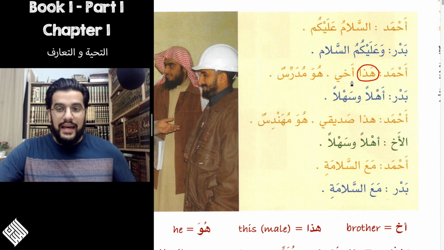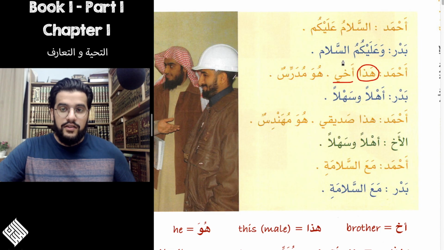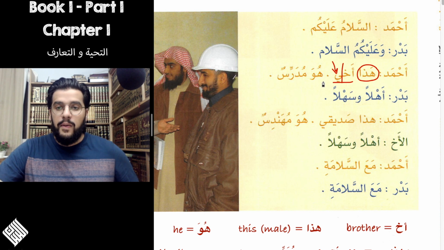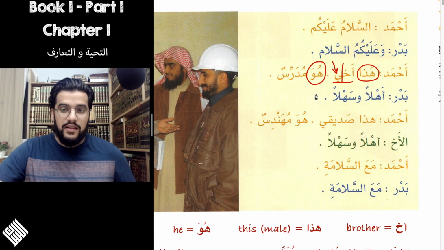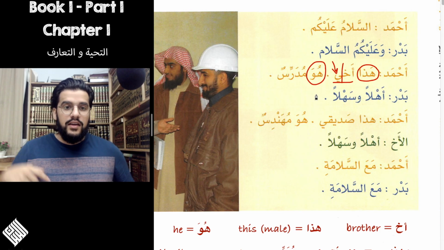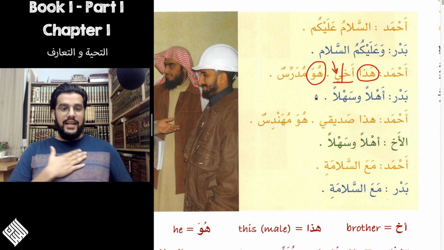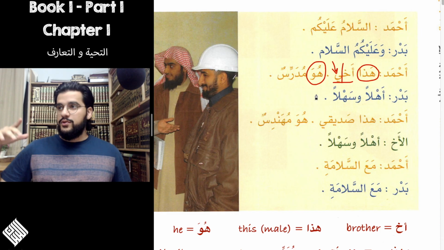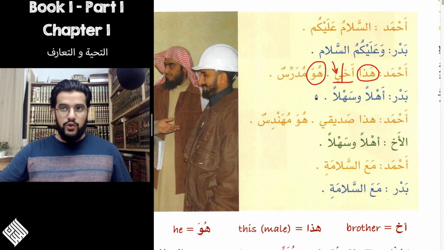هذا أخي. The word أخي, of course, means my brother. Just the word أخ is brother, and the ya is the pronoun my, أخي. هو مدرس. هو is the pronoun he, right? In the previous video, we learnt أنا, I. We also learnt أنت, you if you're talking to a male.